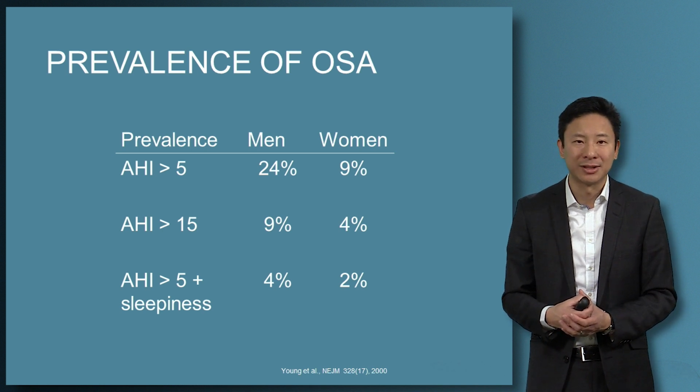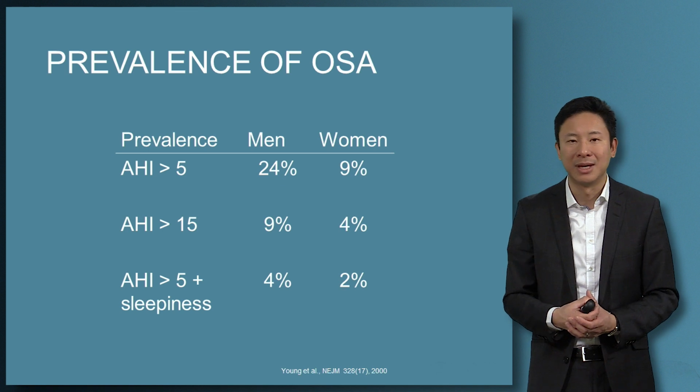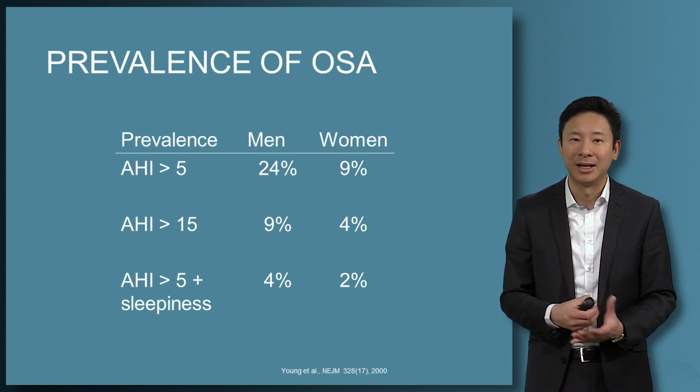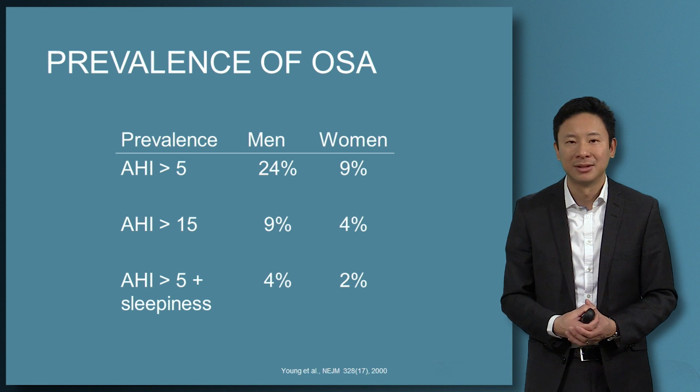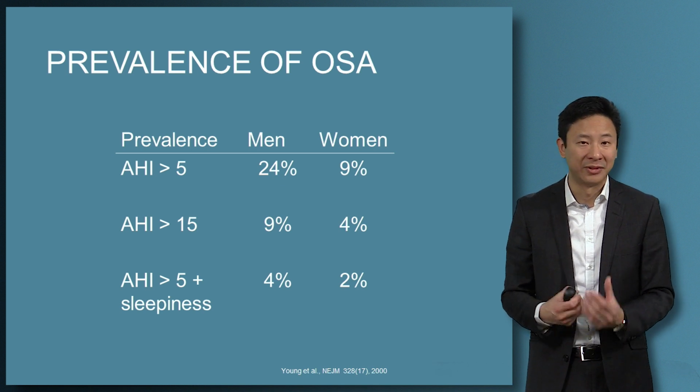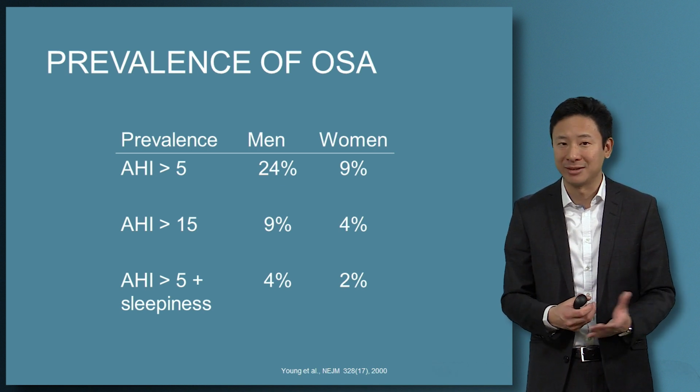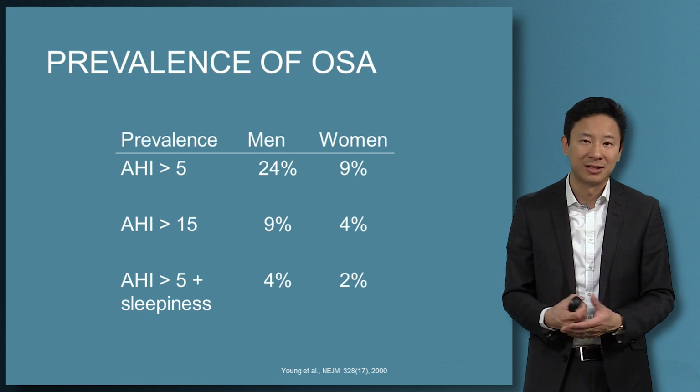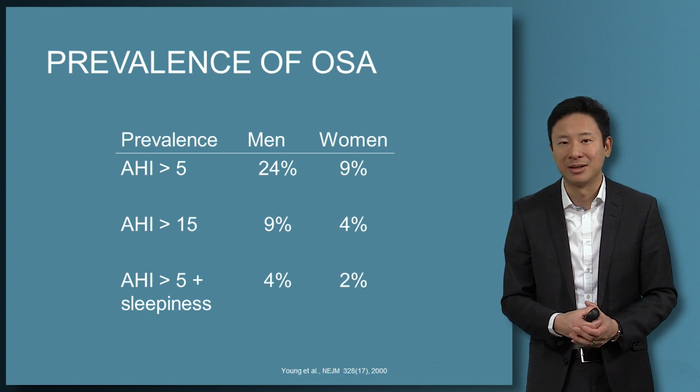And what they found in Wisconsin was that men had a prevalence of obstructive sleep apnea of 24%, and women 9%, if one uses an AHI cutoff of 5. Using an AHI cutoff of 15, which is the starting point of moderate sleep apnea, the prevalence did go down a bit to 9% in men and 4% in women.